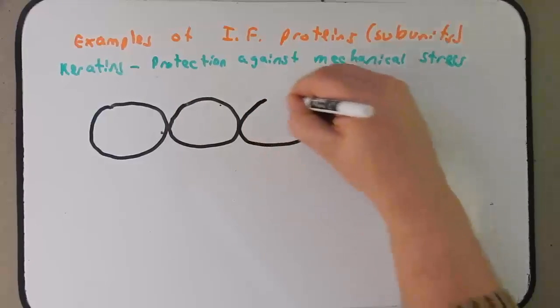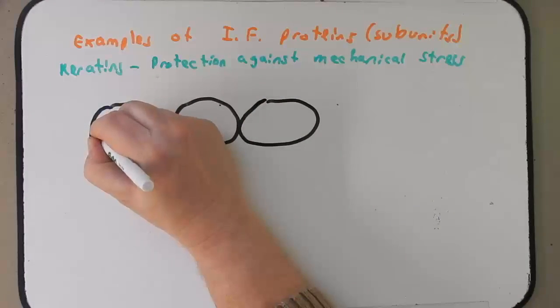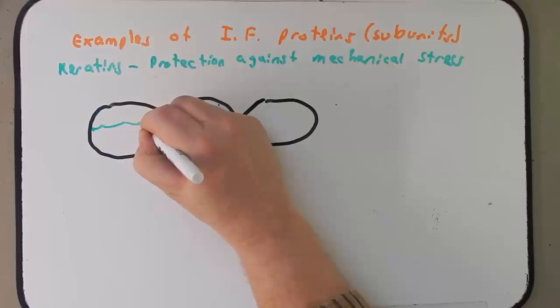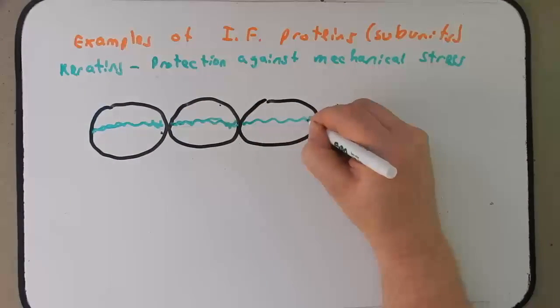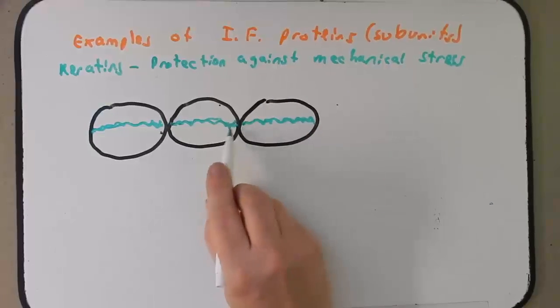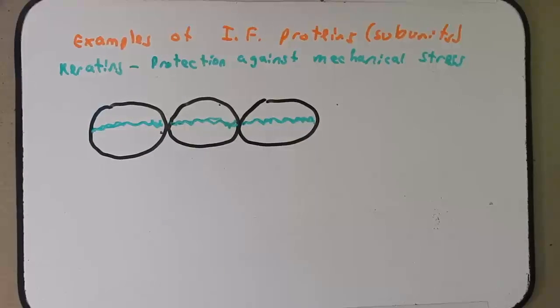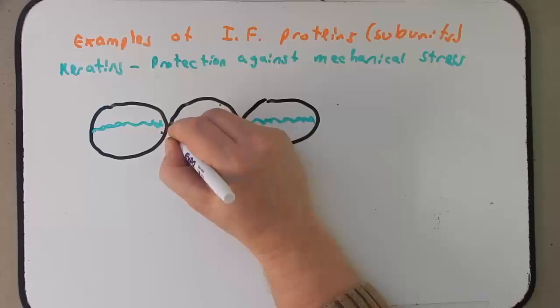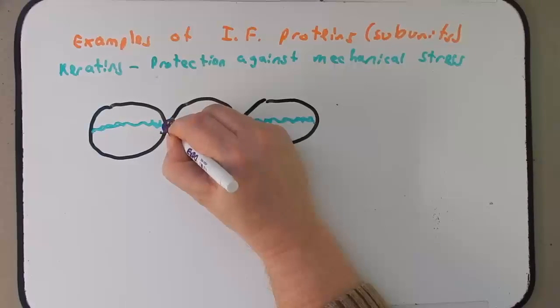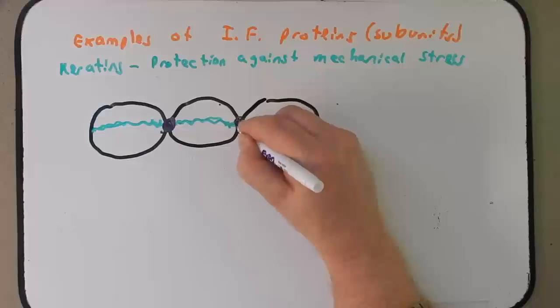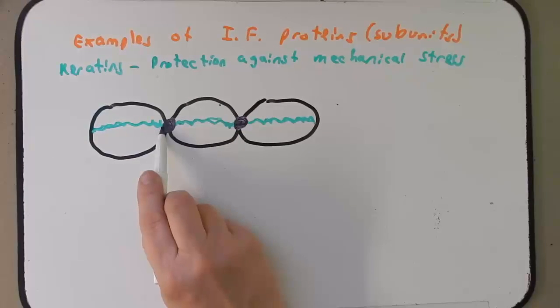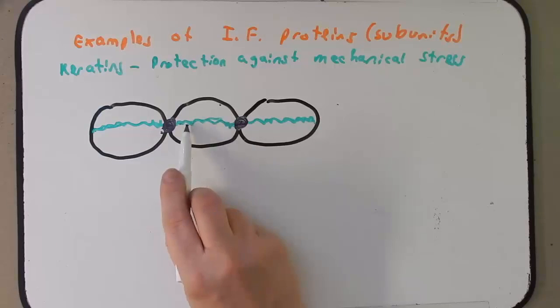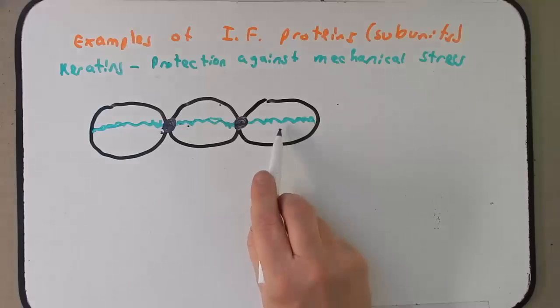So let me just draw 3 cells next to each other, and we'll have our keratin fibers here extending between the cells, or I should say within the cells, because they don't actually protrude out of the cell and connect to the other cell. But what they do is they interact with a protein complex at the membranes. So the keratins bind to this protein complex that does extend across the plasma membrane, and it interacts with the intermediate filament of the neighboring cell, and so on.